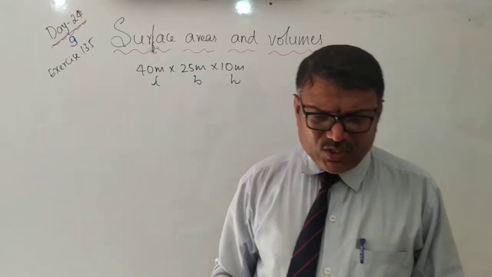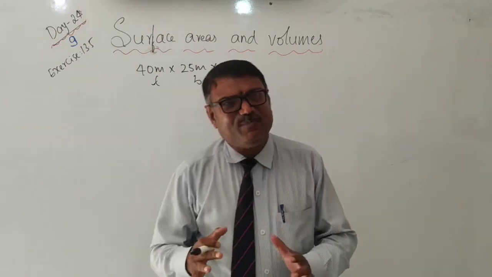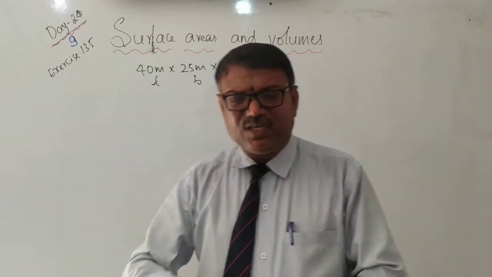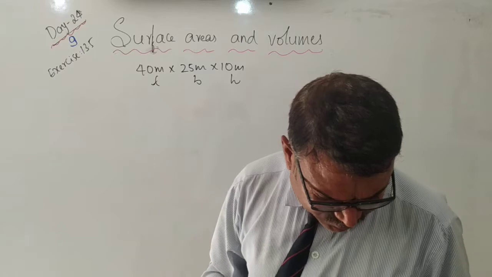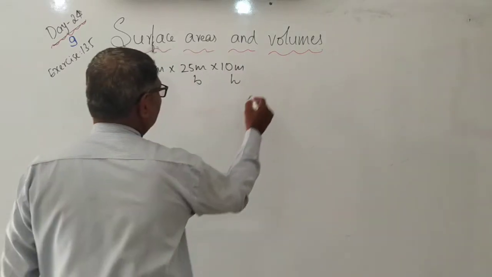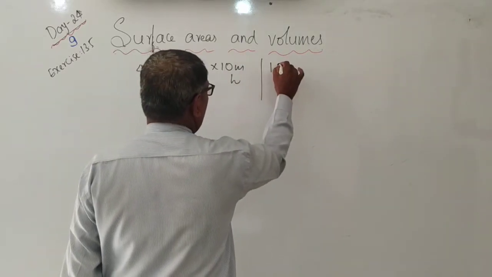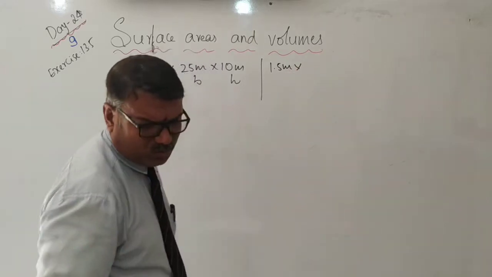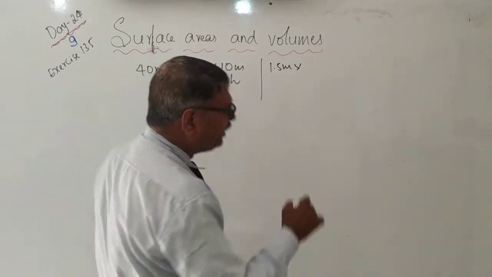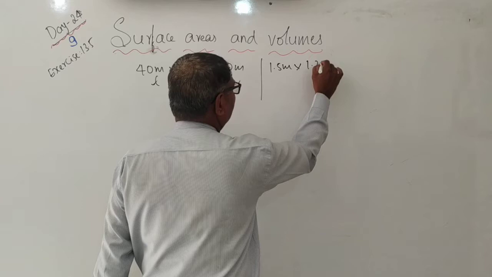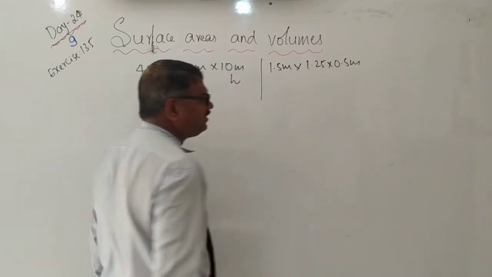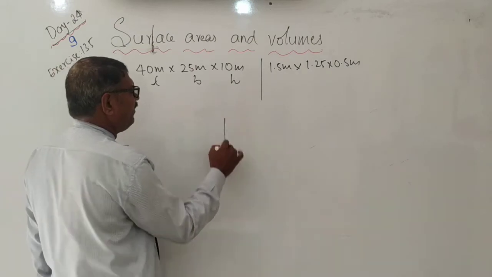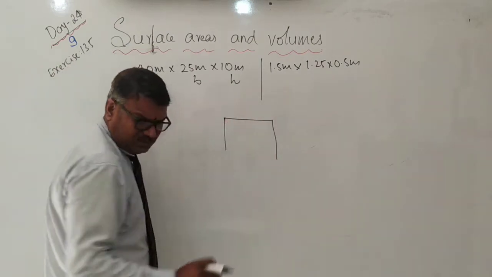In that you have to keep some cuboids whose measurement is 1.5 meters into 1.25 meters into 0.5 meters.